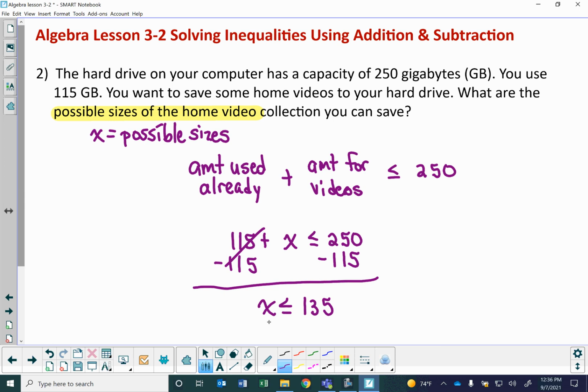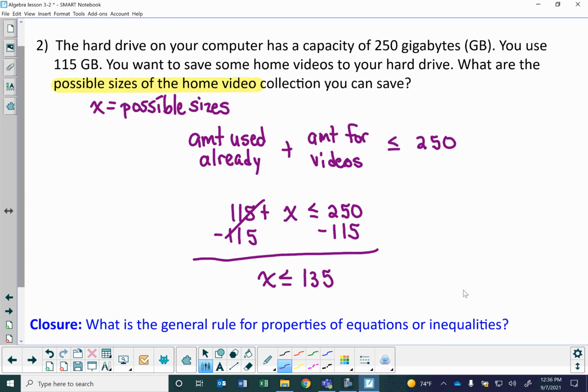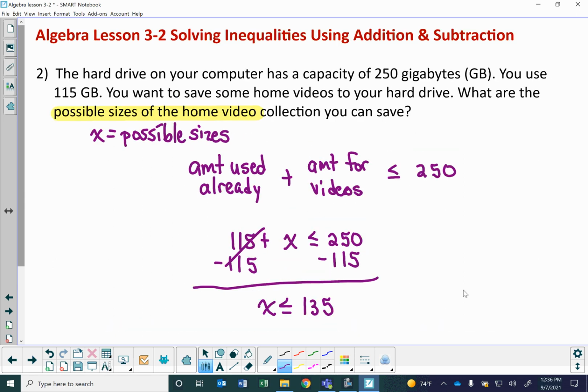So I can upload, or you can upload, 135 gigabytes of videos or less. So my video collection can have 135 gigabytes or less. Or I can have at most 135 gigabytes.